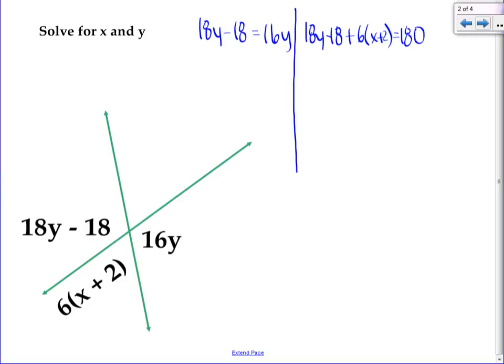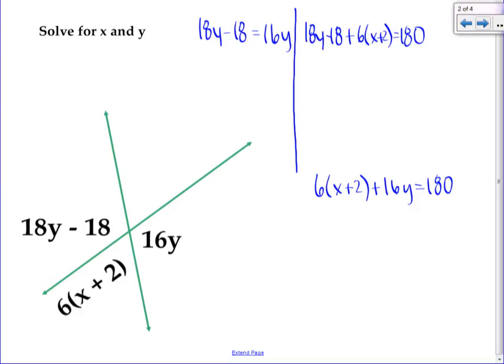Okay, that's another true equation. What's another one? 6x plus 16y equals 180. Okay, those are also on a straight line together, so they also have to equal 180.